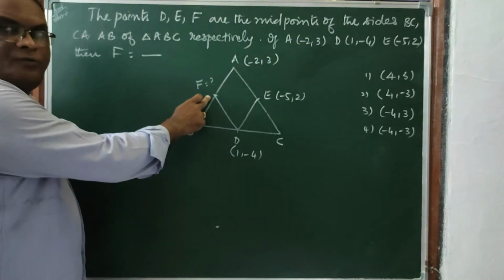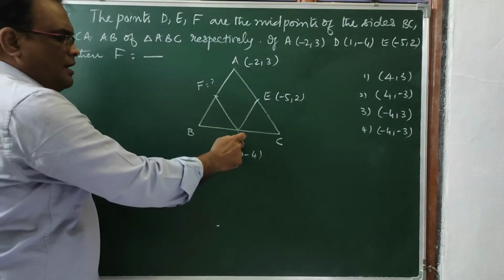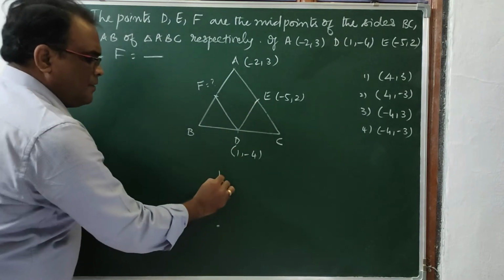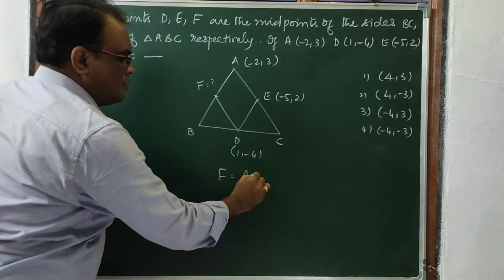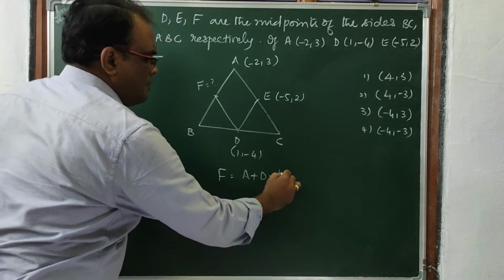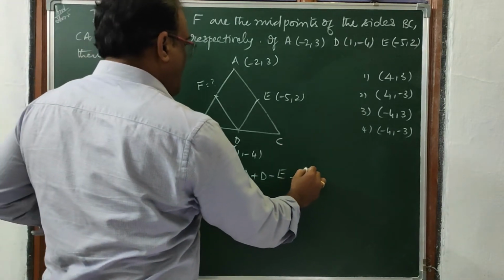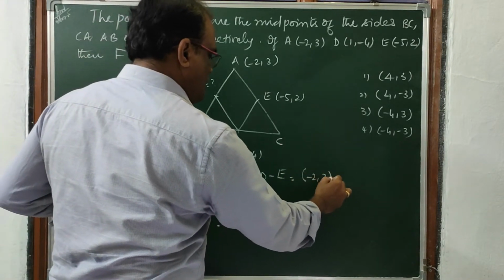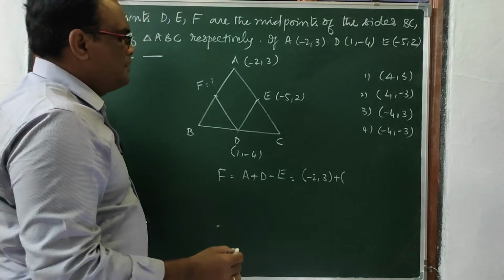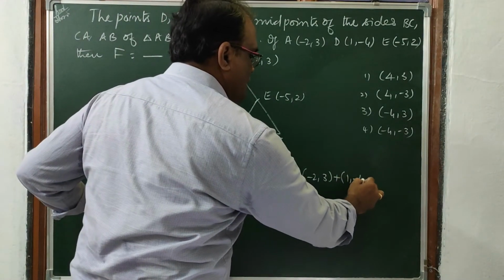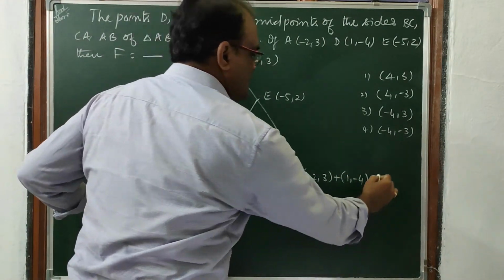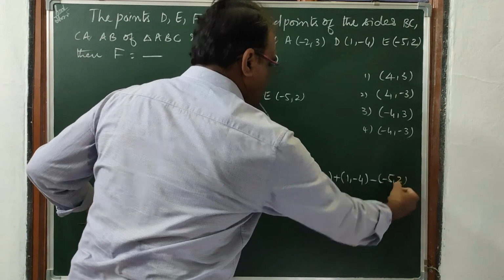Now, to find F, add A plus D, subtract E. F is equal to A plus D minus E. A (minus 2, 3) plus (1, minus 4) minus (minus 5, 2).